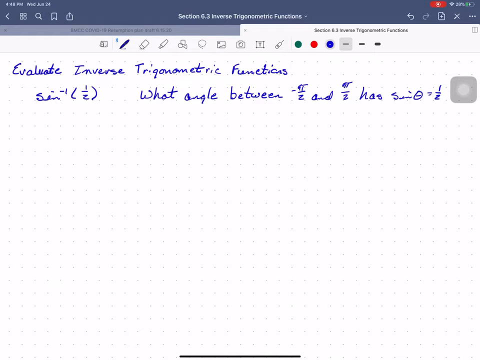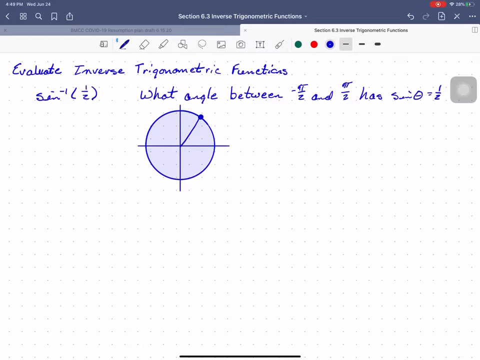Now, you remember that 1/2 is one of your special known unit circle values. So let's talk about our unit circle. Sine of 1/2 means the y-coordinate is 1/2, which means that we are talking about something right about here.